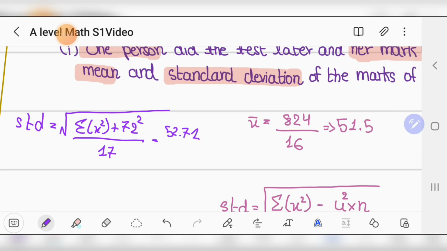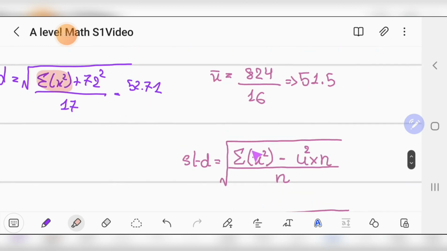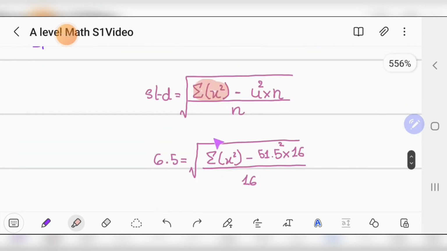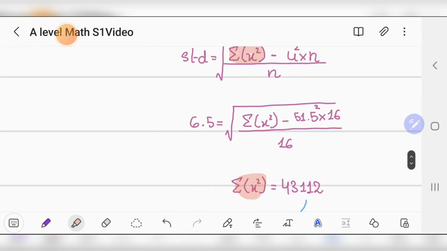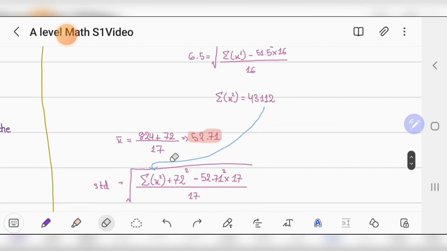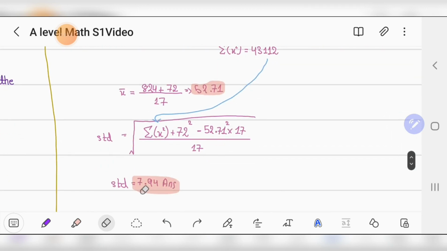But the problem is that we don't know this, so we need to calculate this first. That's why we have done here, and we're using the old standard deviation in order to calculate this. And after putting all of this, you got this. So finding this, you just put in here and you got the values, right? That's exactly what I've done here. I just put in here and I got the values.